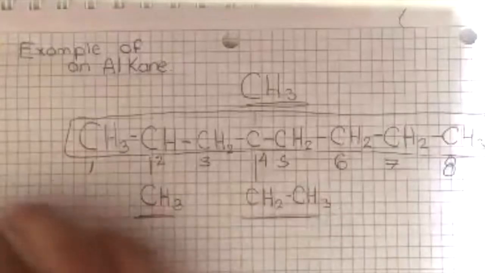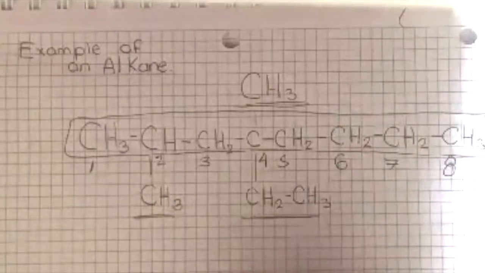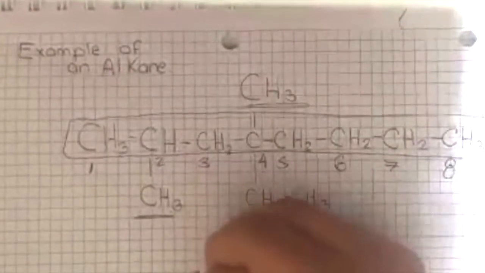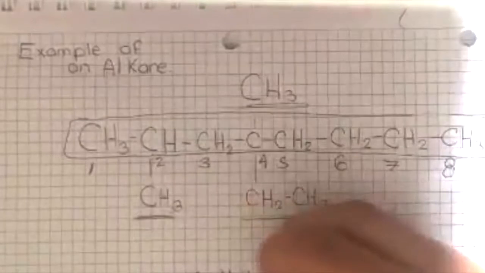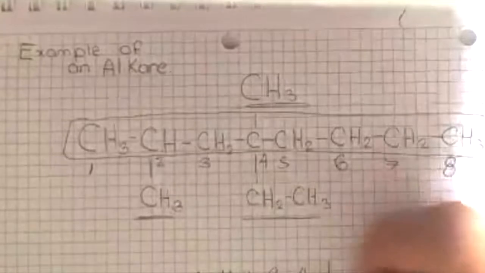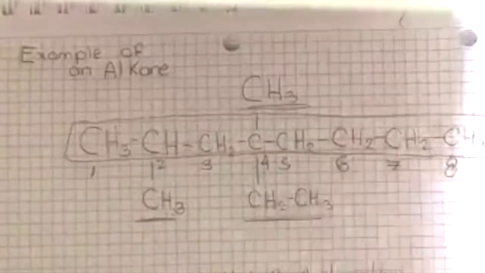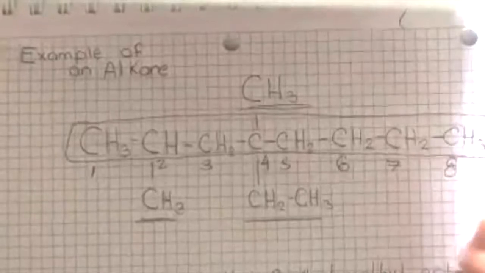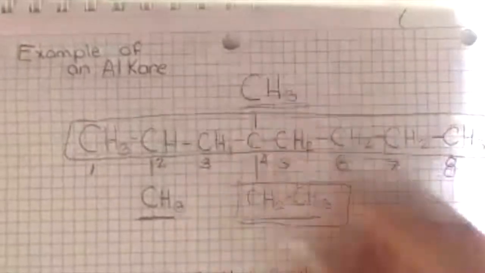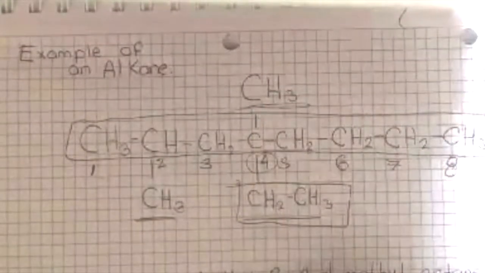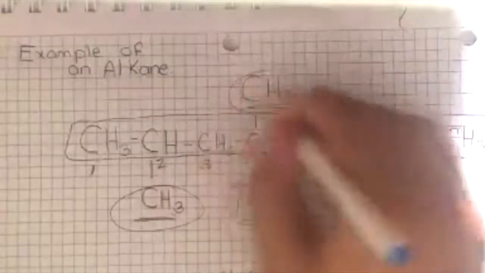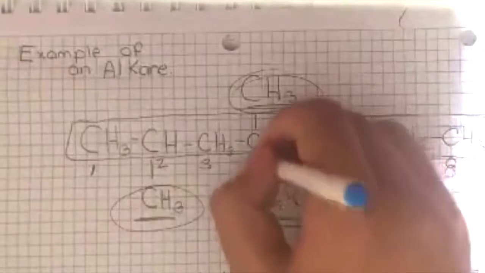The result of the name of the alkane is 4-ethyl-2,4-dimethyloctane. 4-ethyl represents this substituent on carbon 4. 2,4 represents the dimethyl on carbon 2 and carbon 4.